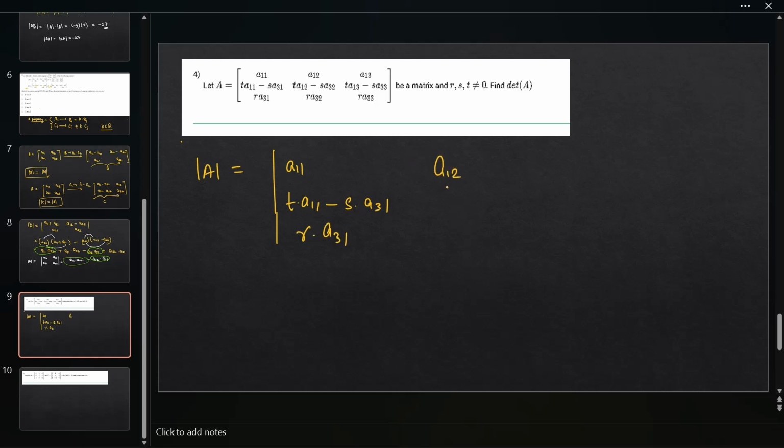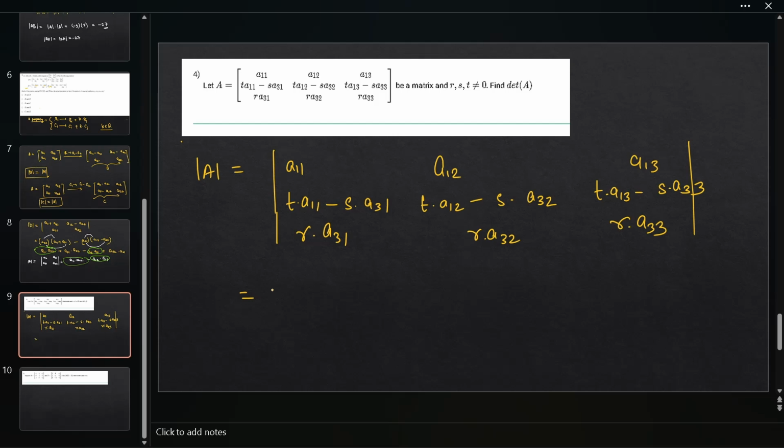Now a12, t times a12 minus s times a32, and r times a32. We have a13, this is t times a13 minus s times a33. And then we have r times a33. So let's see what we can do here.